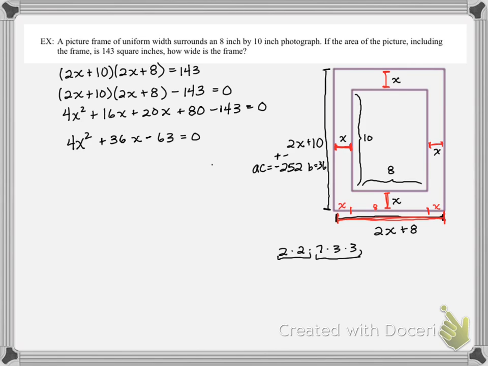On problems like this, you can use a little bit of common sense. 1 and 252 isn't going to work because they're too far apart, because one of these numbers is negative, they're way too far apart to get to 36. 2 and whatever this is, also probably too far apart, that's like 126. 7, 9, no. We want addition to make 36. 4 and 63, we already know that isn't going to add to 36.